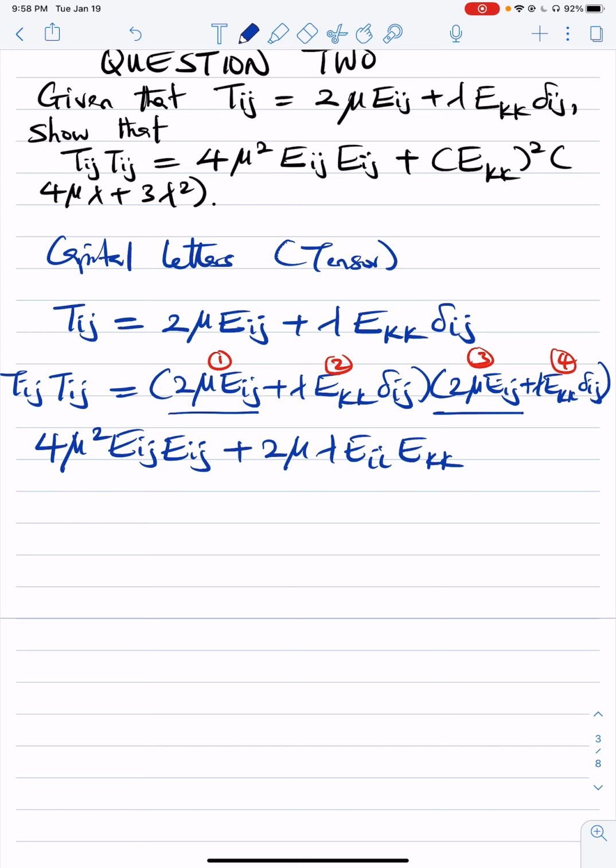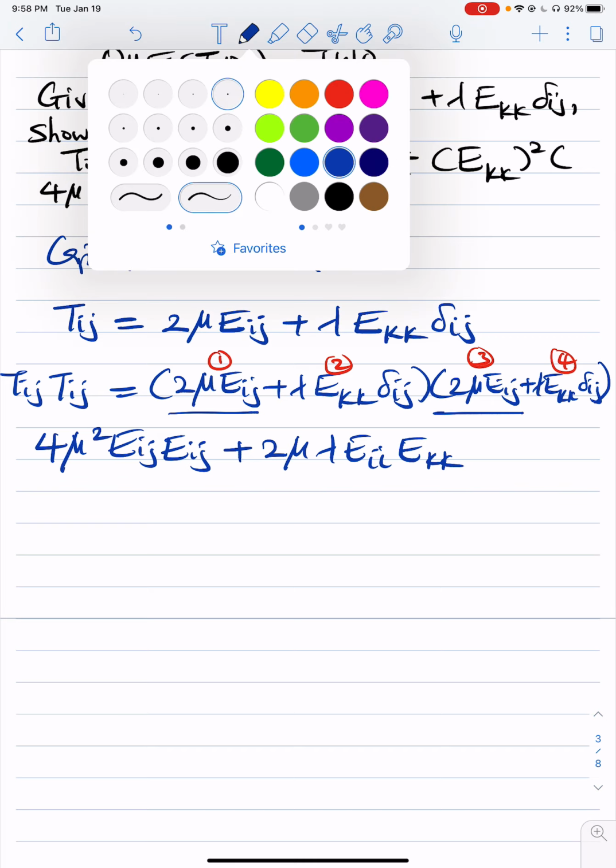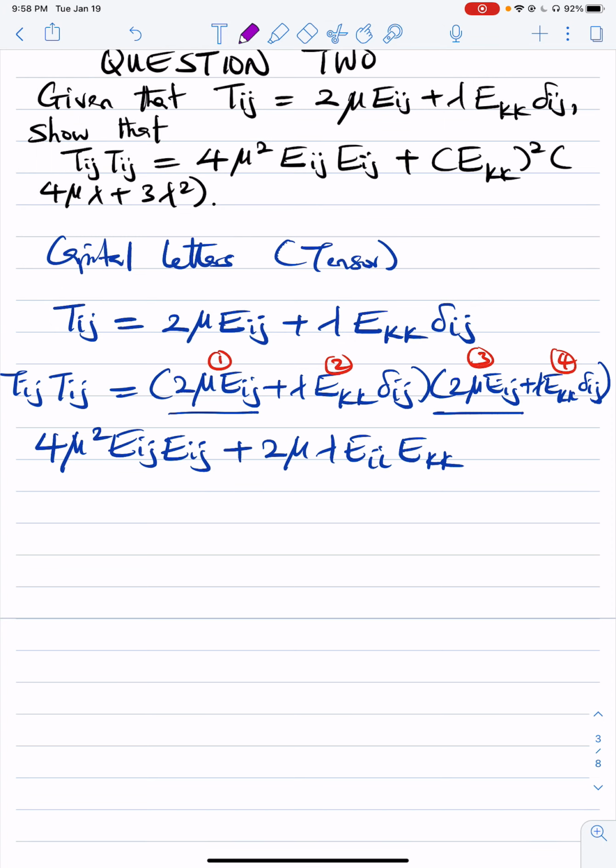Remember this expression? I'll write this in color. So 2 mu times 2 mu Ekk, right? Then if you look at this lambda Eij delta ij, this gives us Eii.